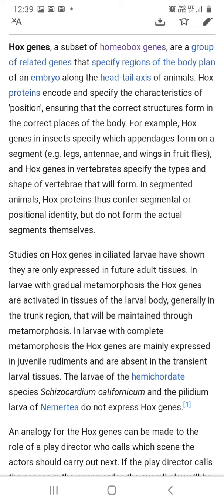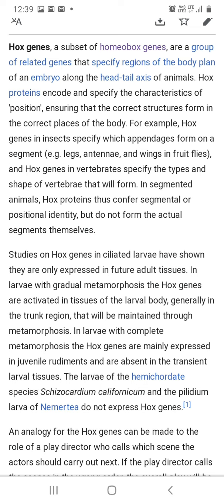Now, studies on Hox genes, which are a cluster of many genes, specify the region of the body plan of an embryo, which also encode the characteristic of position, ensuring the correct structure forms in the correct place of the body.